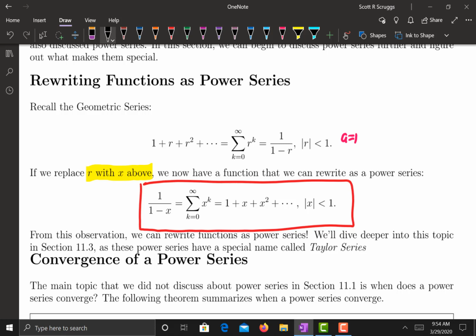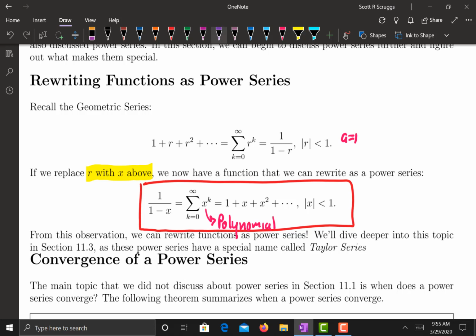Now this is important because inside here I have a polynomial. Just like in the previous section, where I said for a Taylor polynomial I get a better approximation of the function as I make the power go higher, here I went one step further and said, let the power go to infinity.